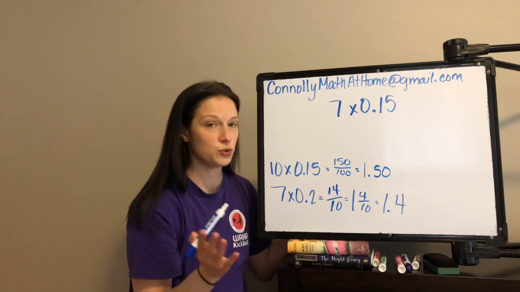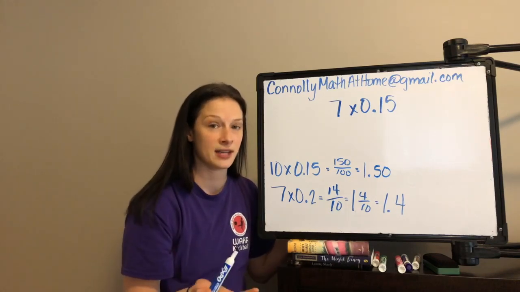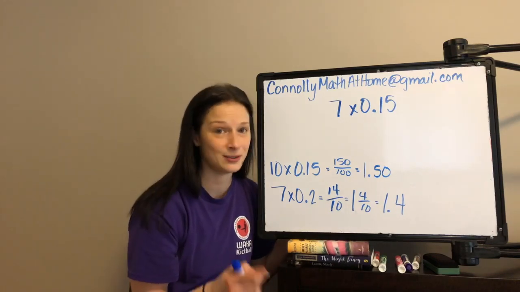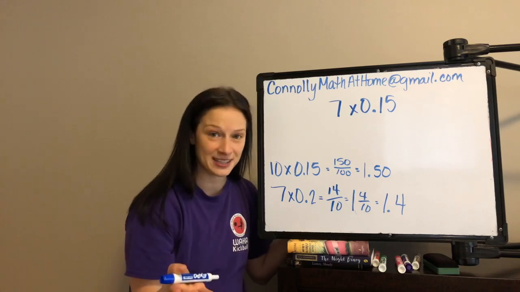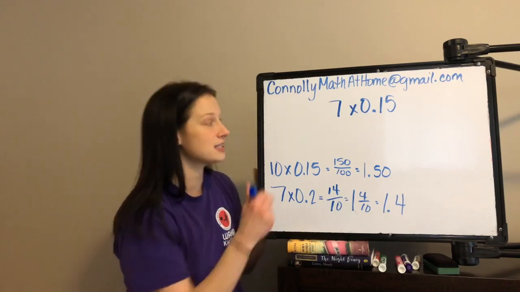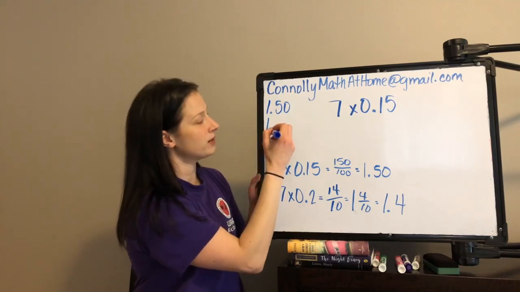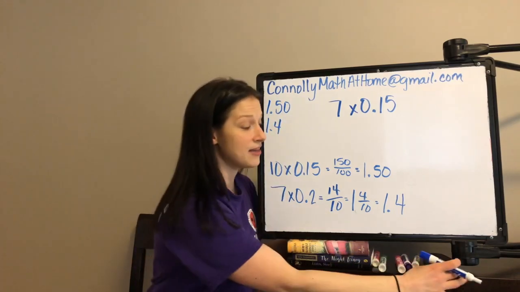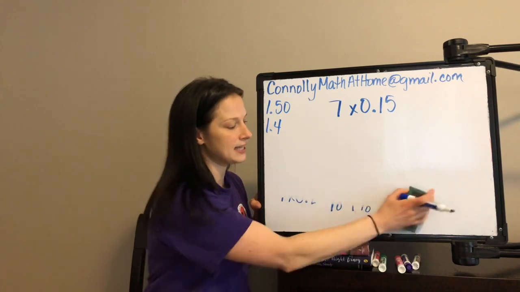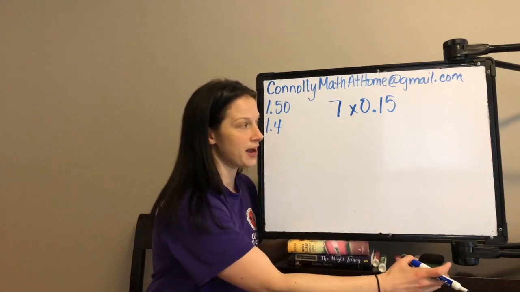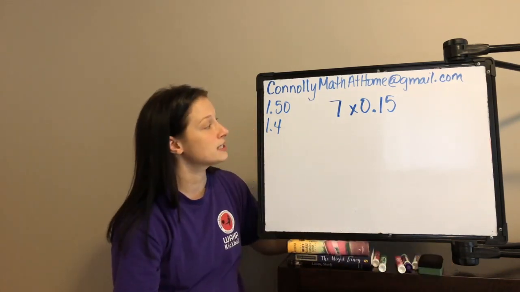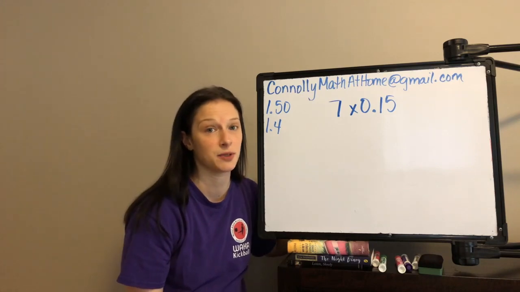Okay, so these are 2 different ways that we can estimate. Are there more ways? You bet there's more ways. You get to think about how to estimate. So these are my estimates. I'm going to think about 1 and 50 hundredths, and I'm going to think about 1 and 4/10. And then I'm going to use those estimates at the end to think about where I should place my decimal.